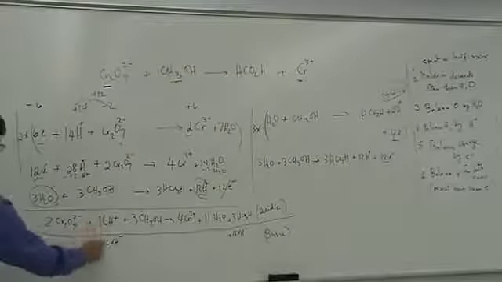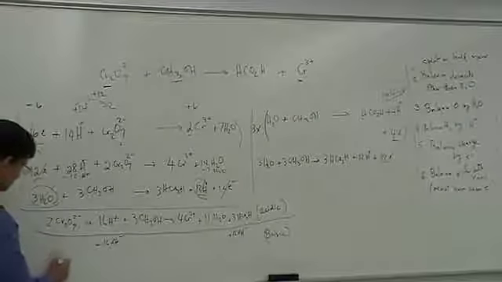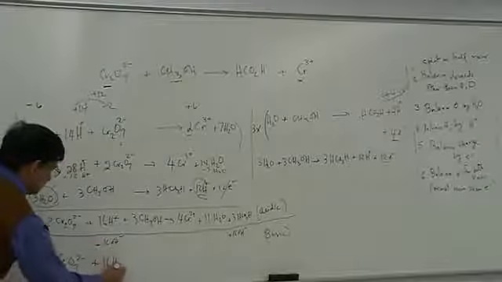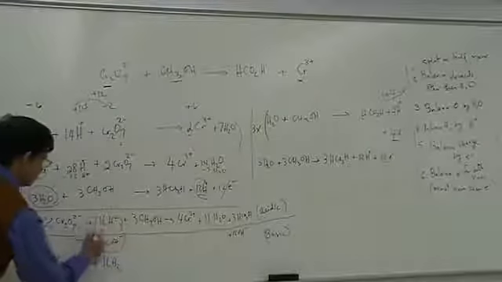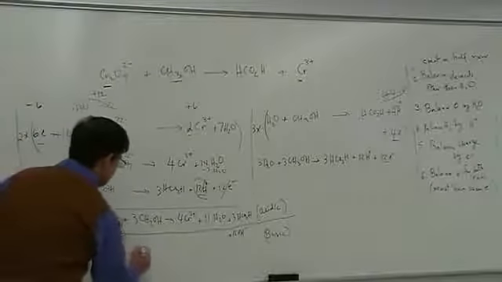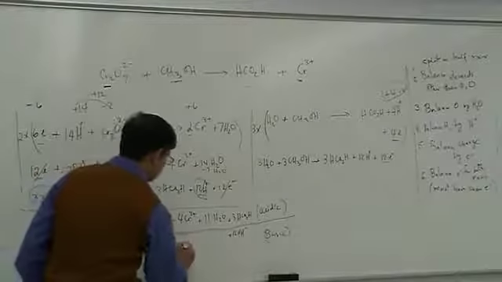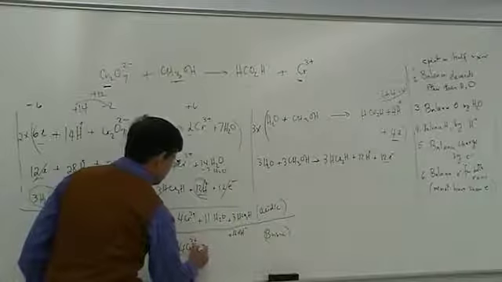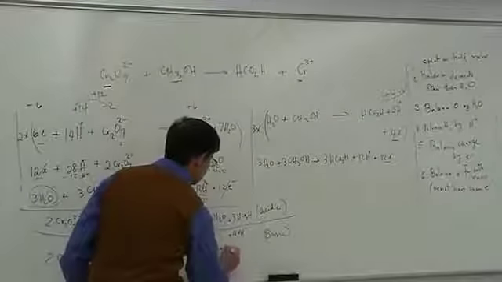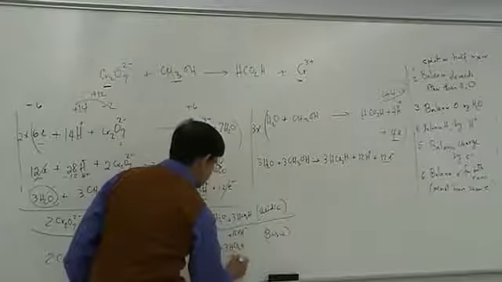Now how is it going to change? This 16H plus and 16 OH minus makes 16H2O. So it would be 2Cr2O7 2 minus, plus 16H2O, plus 3CH3OH, giving 4Cr3 plus, 11H2O plus 3HCO2H plus 16 OH minus.